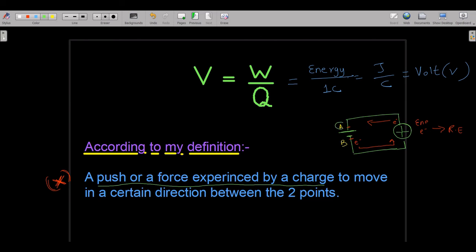A push or force experienced by a charge means, over here, the electrons to move in a certain direction between 2 points. So I hope you understood the whole concept of voltage.